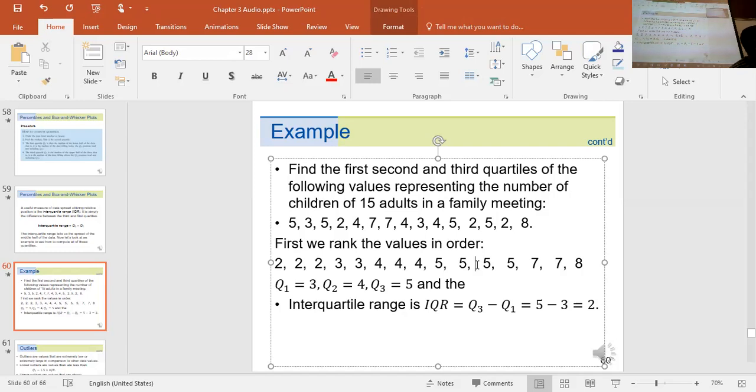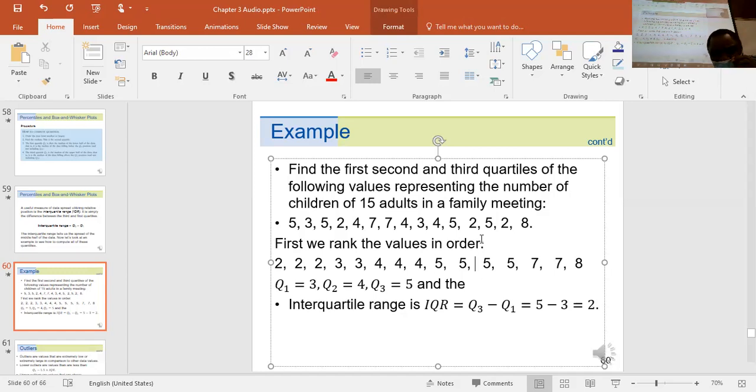We will get 8. What is the position rank? Is it the first, the second, the third? What will be the rank of the median? Somebody else, please. What will be the position rank for the median? Yes? The 8th value is the position rank.